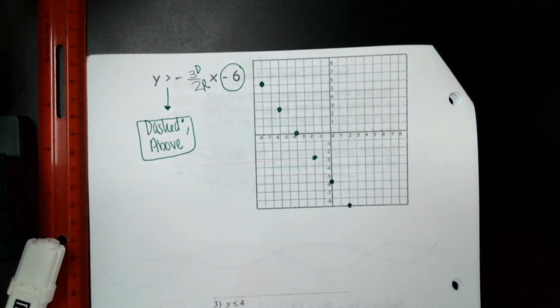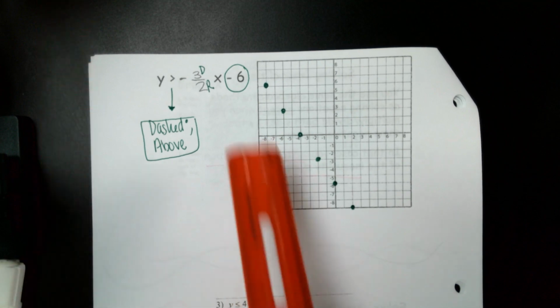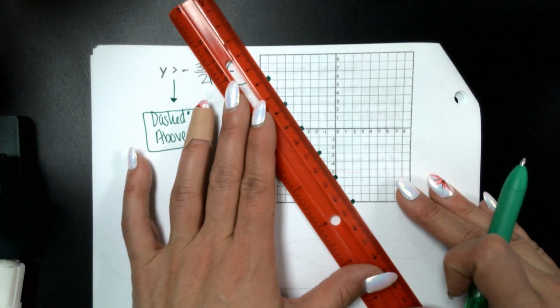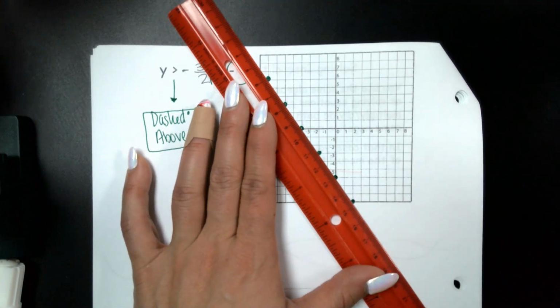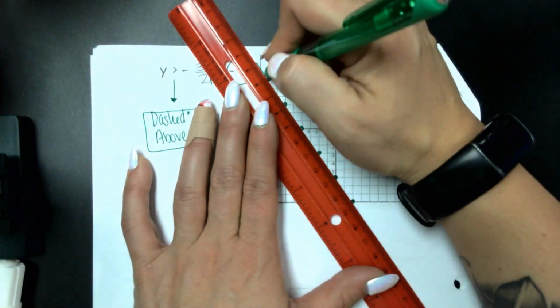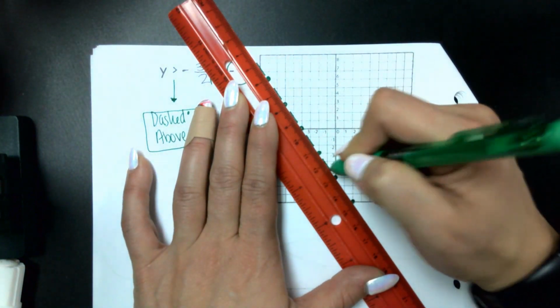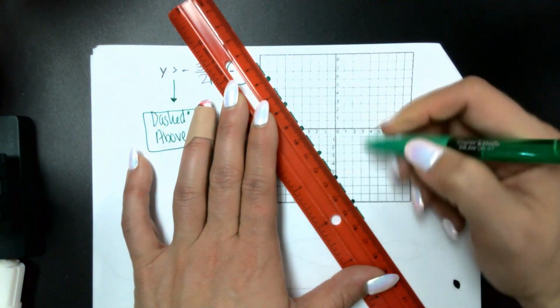I would get all the points on there, and then remind yourself, am I making a dashed line or am I making a solid line? We said dashed. So when you put your ruler down, do not make it solid. Just put it down like you were about to make it solid, and then just make dashes in between each 2 points.